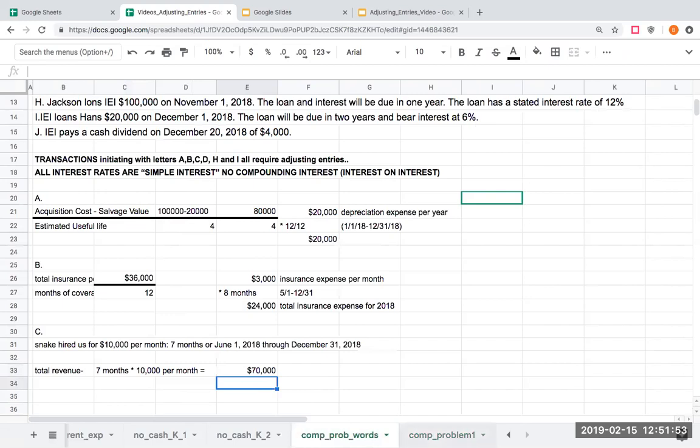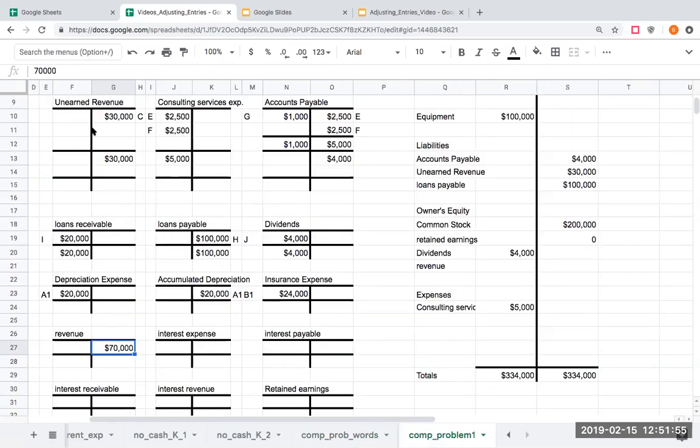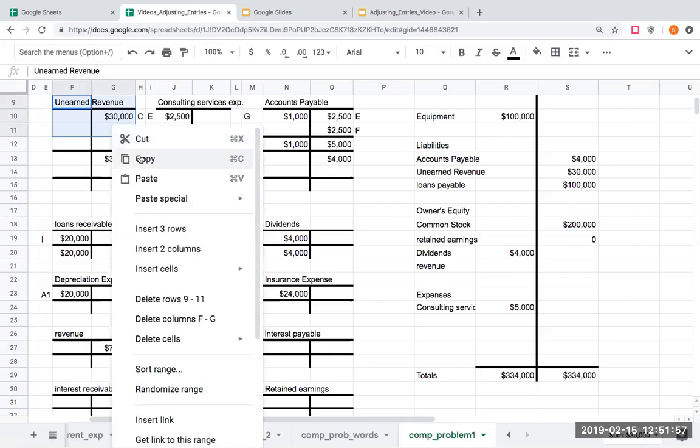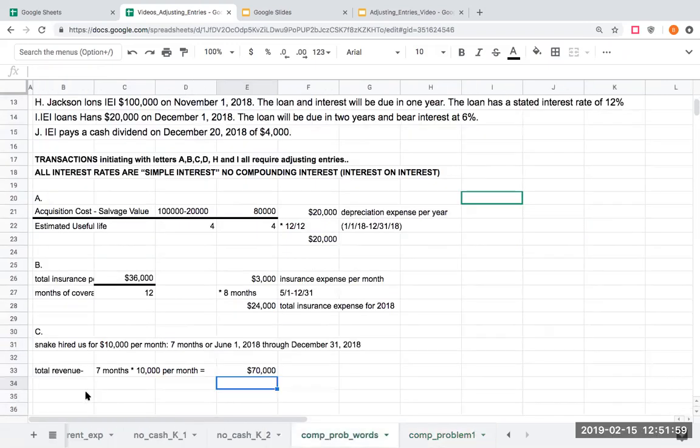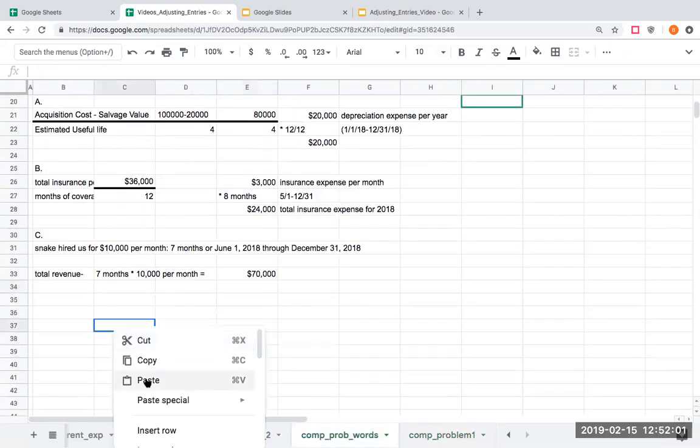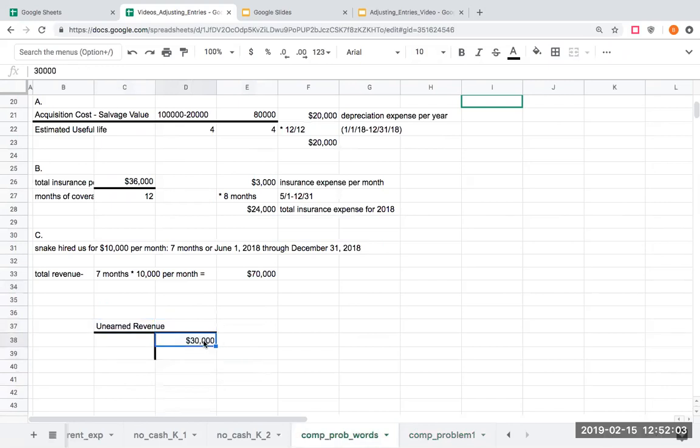And as we're looking here at the various different accounts, one of the things that happened earlier is that he gave us a cash advance. We debited cash and we credited unearned revenue. And so now what I'm doing over here is crediting revenue for $70,000.